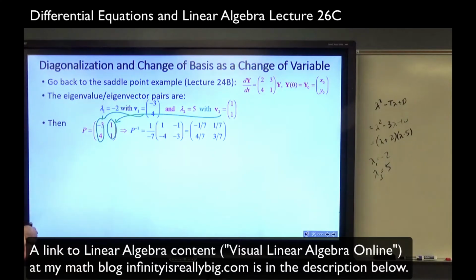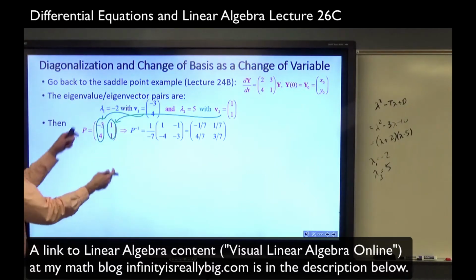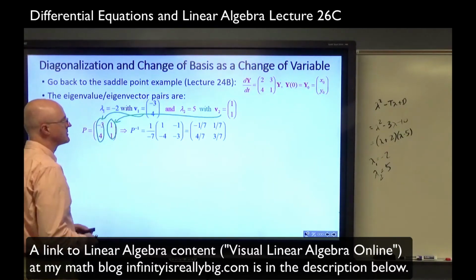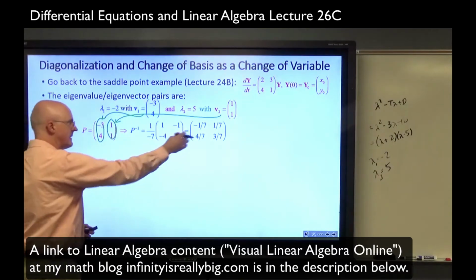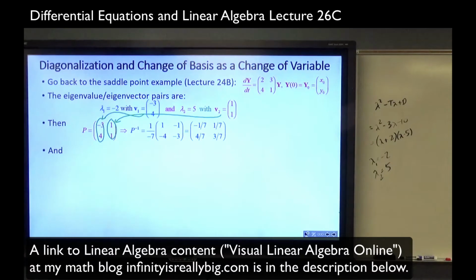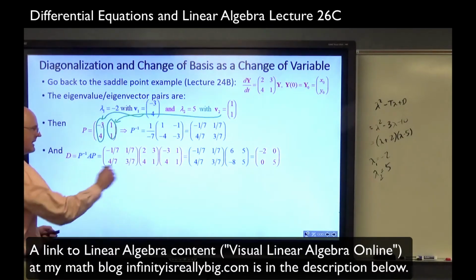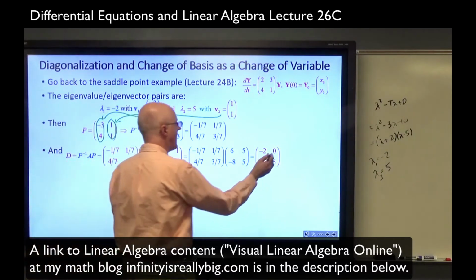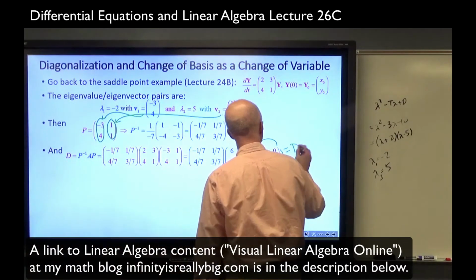Use the shortcut formula for the inverse of a 2 by 2 matrix. The determinant of P is negative 7. You've got 1 over negative 7. You swap the numbers in the main diagonal and negate the numbers on the off diagonal. Then multiply the negative 1 over 7 through. It simplifies to this. And if D is computed as P inverse times A times P, go ahead and check all this. You get this diagonal matrix. That is D.